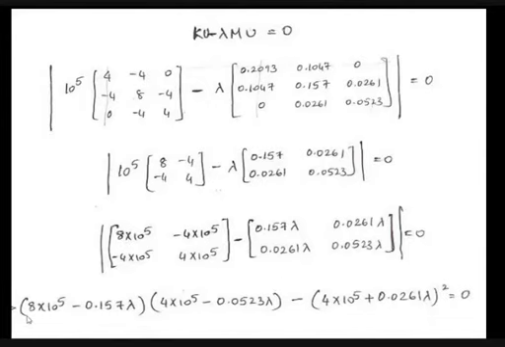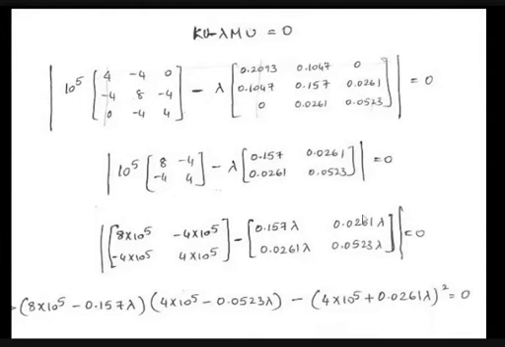So what I told, 8 into 10 to the power of 5 minus 0.157 lambda into 4 into 10 to the power of 5 minus 0.0523 lambda. That will be our first term, minus, if you observe, 4 into 10 to the power of 5 plus 0.0261 lambda, times 4 into 10 to the power of 5 plus 0.0261 lambda.